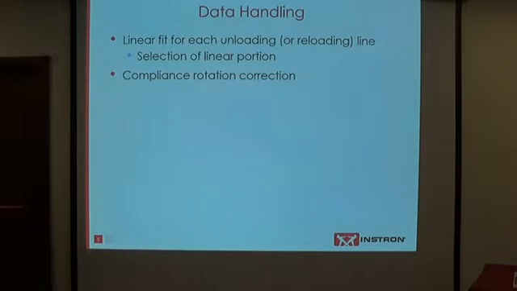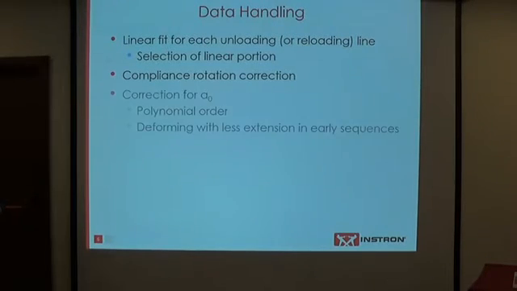We work out the compliance, the rotation correction, and we correct. Once we've got this, we correct for what the A naught is, or the apparent A naught. You're making a polynomial fit there, so your choice of equation order is going to affect that.